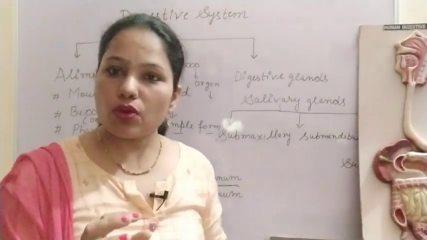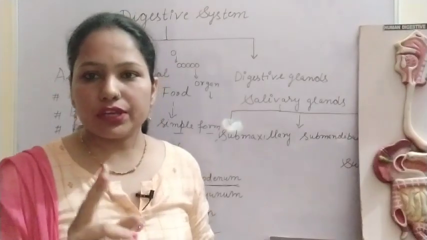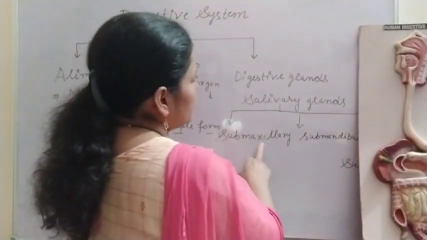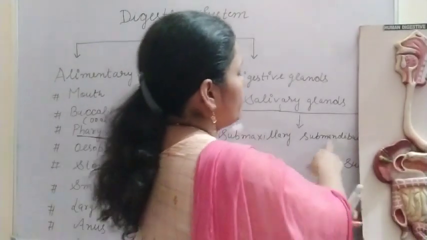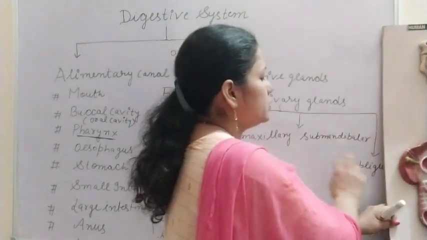So on the basis of their position, there are three types of salivary glands. First is known as the submaxillary, second submandibular, and third is the sublingual.